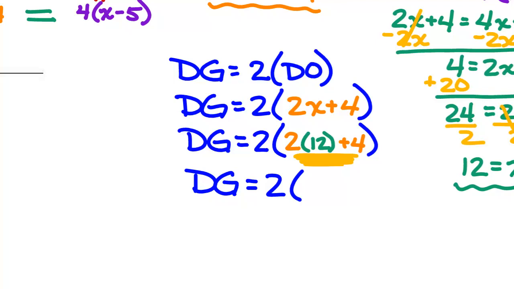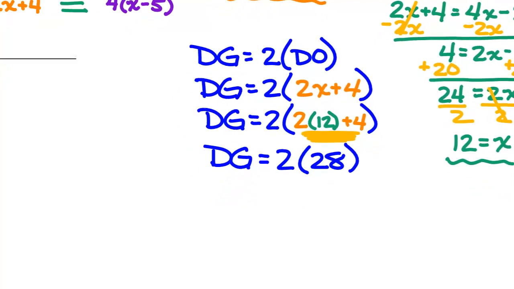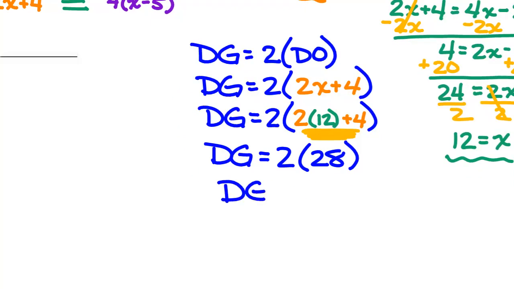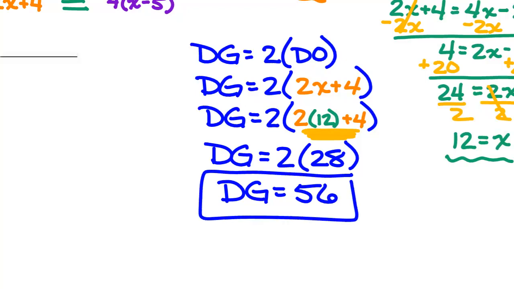I said plus 8. 24 plus 4. I'm so sorry. You were right. I asked the wrong question. Because I'm trying to do 2 times 12, which is 24, plus 4. 28. And I apologize that I misspoke. 2 times 28 would be what? 56. So DG has a length of 56.